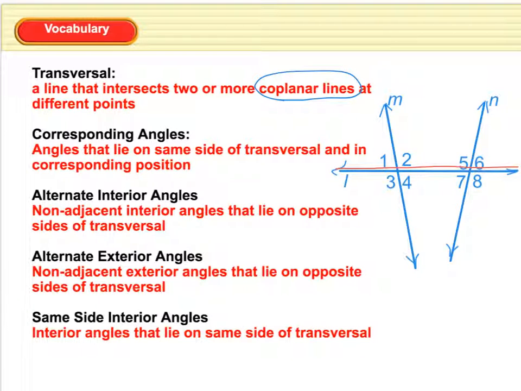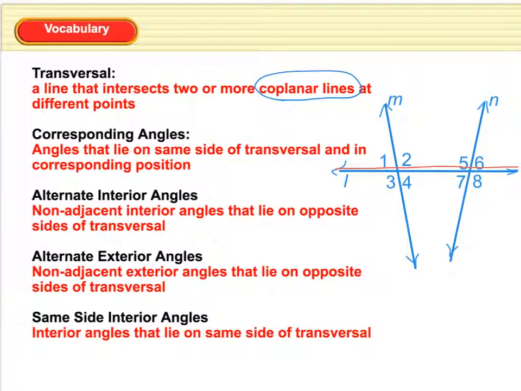Corresponding angles, what does that mean? It means that they correspond with each other on the same side of the transversal. Angles that lie on the same side of the transversal. Again, our transversal is L. So 1, 2, 5, 6 is on one side, 3, 4, 7, 8 is on the other side.